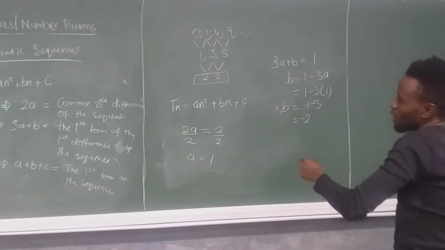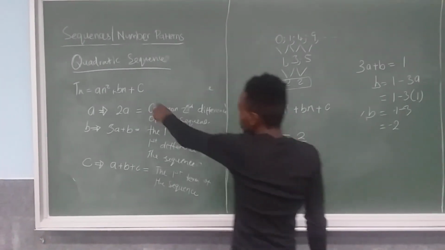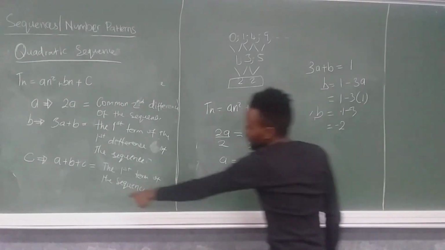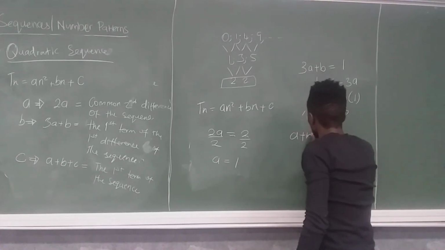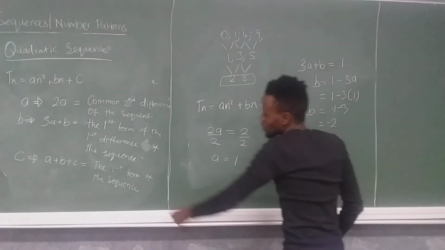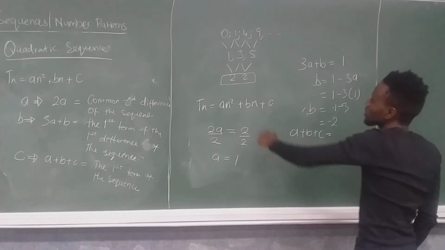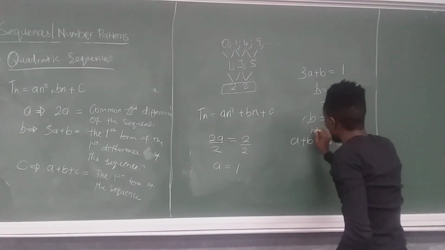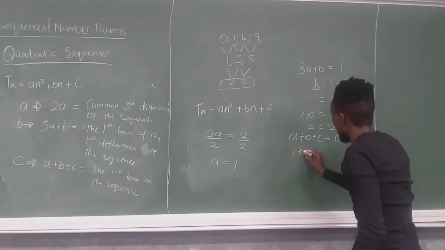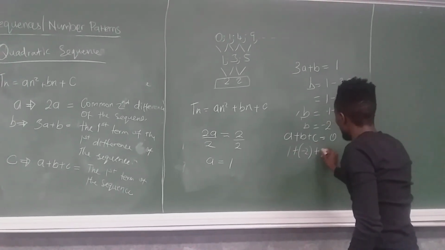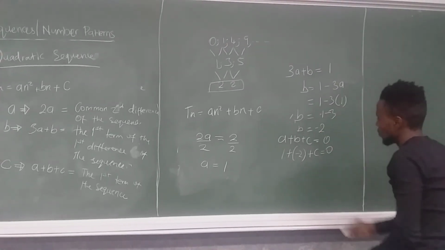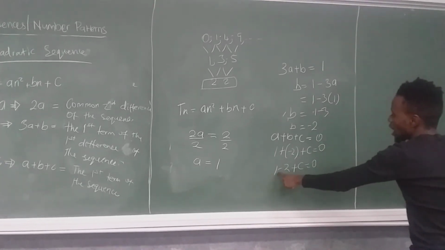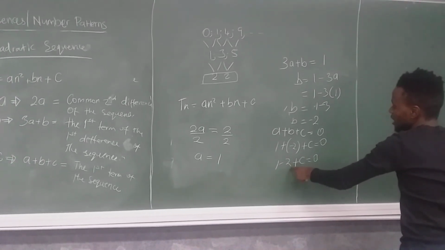So, how do we find our c? I've told you that our c is found from a plus b plus c, which is equal to the first term of our sequence. What is the first term of our sequence? It's 0 in this case. We have found our a is 1, our b is negative 2, our c is unknown. So we have 1 minus 2 plus c, which is 0. 1 minus 2, if we group like terms, is minus 1.